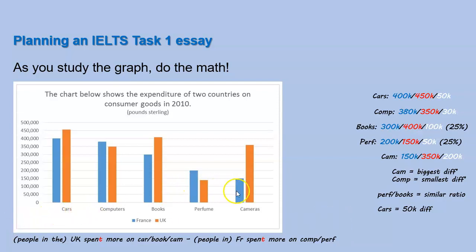We're not just moving from the left to the right and listing things in a very dull and uninteresting and unanalytical way. Another note that I made was the past tense form of the verb spent. In normal spoken English, it wouldn't be a terrible mistake if we did use the present tense when we're talking about a graph that is right there in front of us, even though it's describing things that happened in the past.